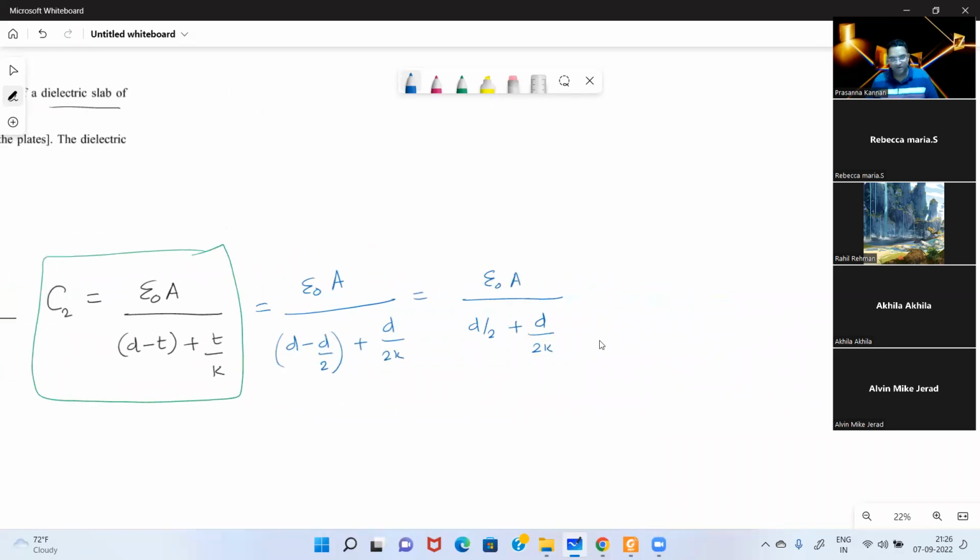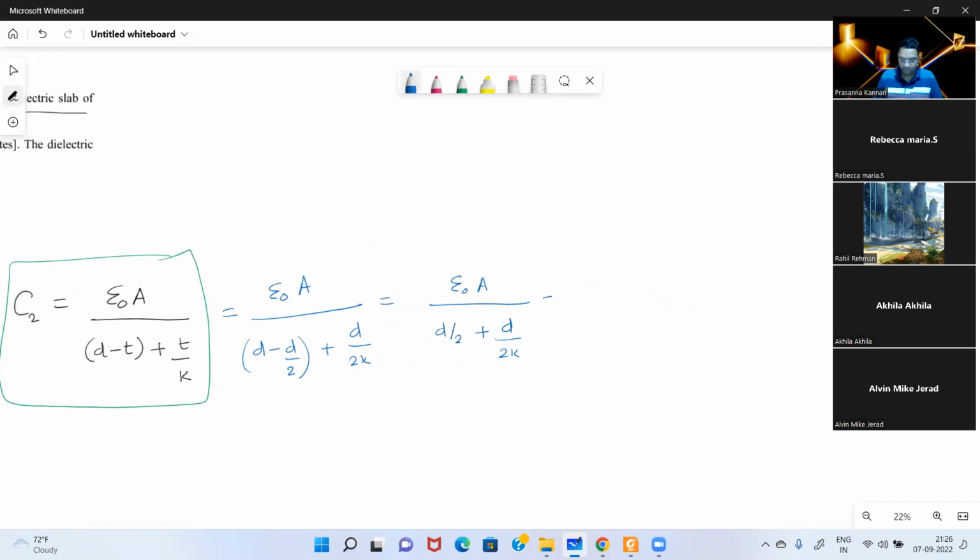I can take D by 2 common in the denominator, then I will get 1 plus 1 by K. Now this will be the expression for the second capacitance.